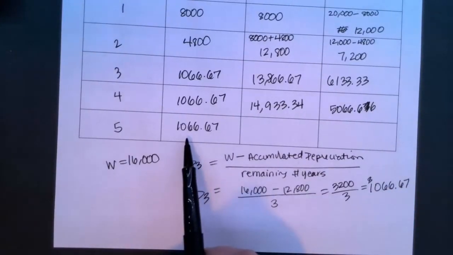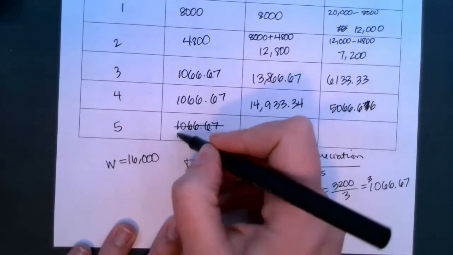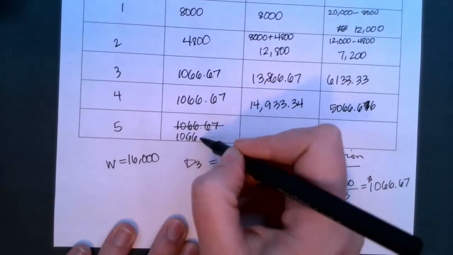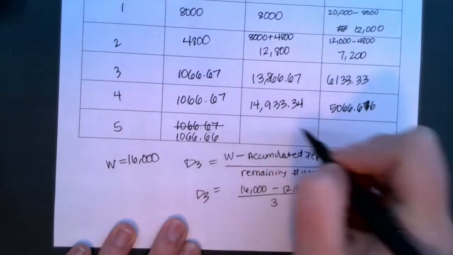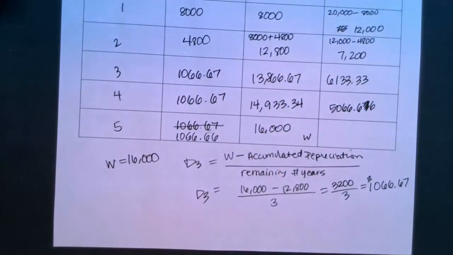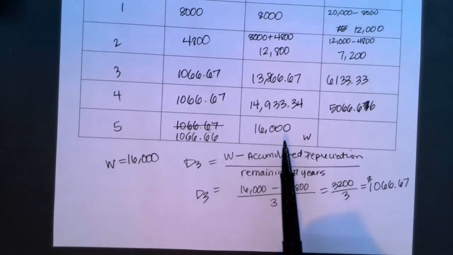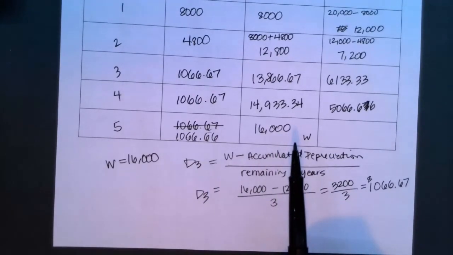So what that means here is instead of using 0.667, we're going to adjust it to be 0.66, because otherwise this is not our W, that's 16,000. It would be 16,001. So we're going to work this one backwards because we want this to be the exact wearing value. We're not going to change it and have it be off by 1 penny.